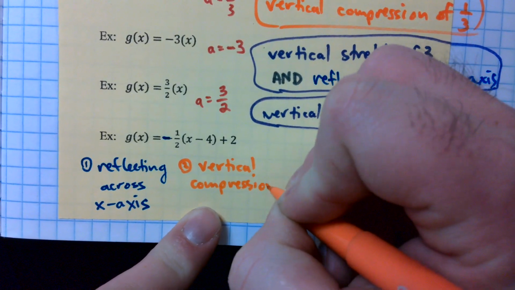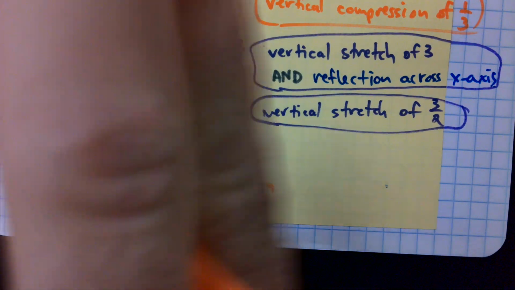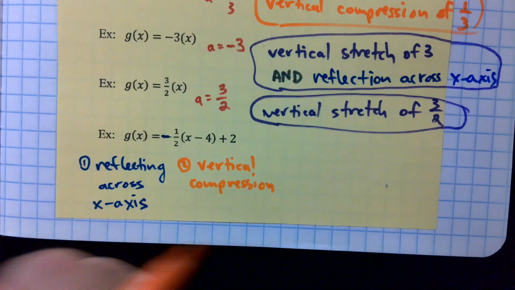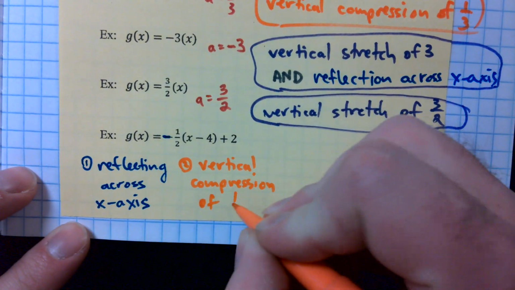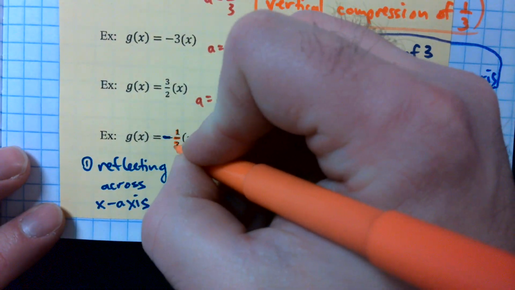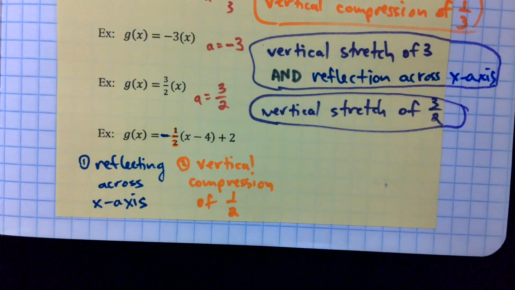If you look in the book, it does talk about horizontal stretching and horizontal compressing. We're not going to worry about all that. We're just going to focus on vertical. Vertical compression of, what's my scale factor? 1/2.